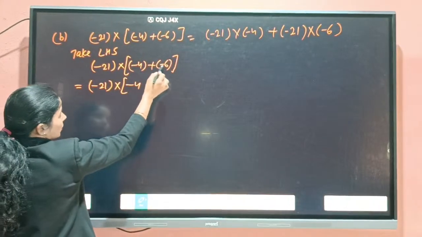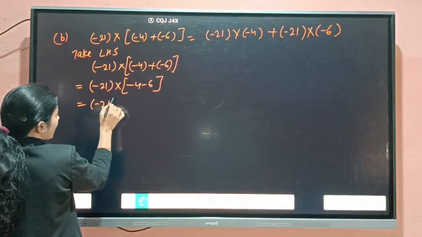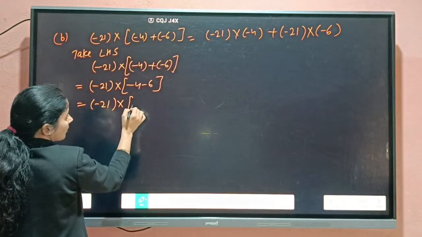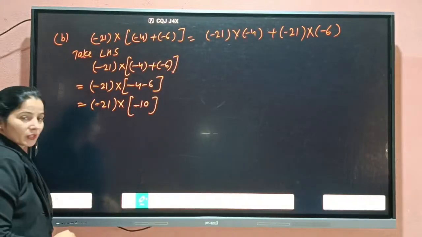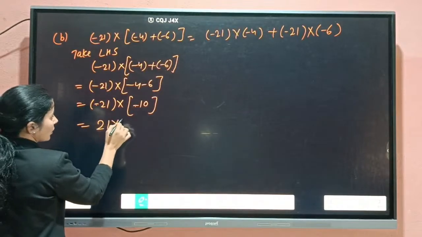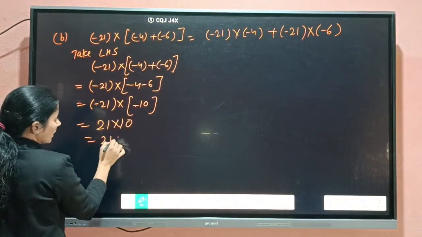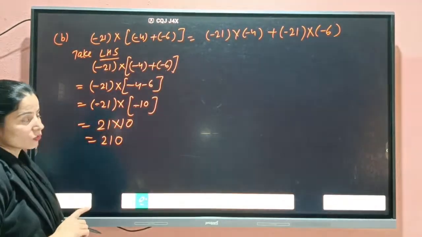Minus 4 plus minus 6. Minus 21 multiplied, this will be minus 10. This minus multiplied with minus is plus. So it will be 21 into 10, that is 210. Your left hand side answer is 210.